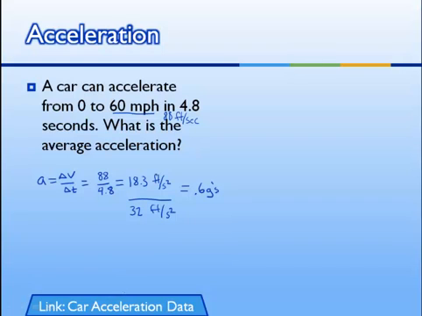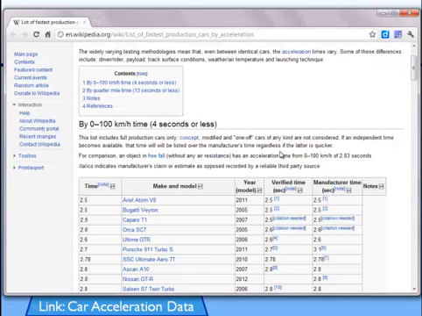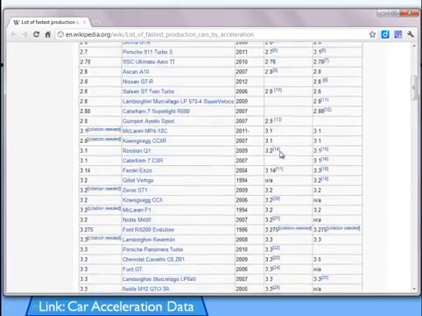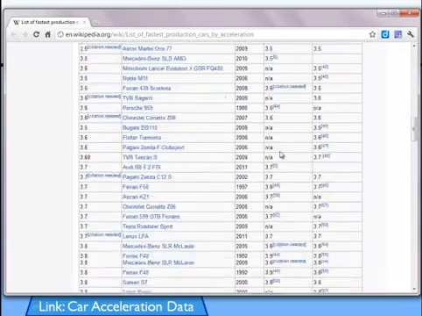Now I'm sure some of you are wondering if there's any cars that accelerate with higher than that as G's. If we look down here, the reliable source of Wikipedia tells us and shows us that there are many cars that have accelerations even faster than the one that I have listed.